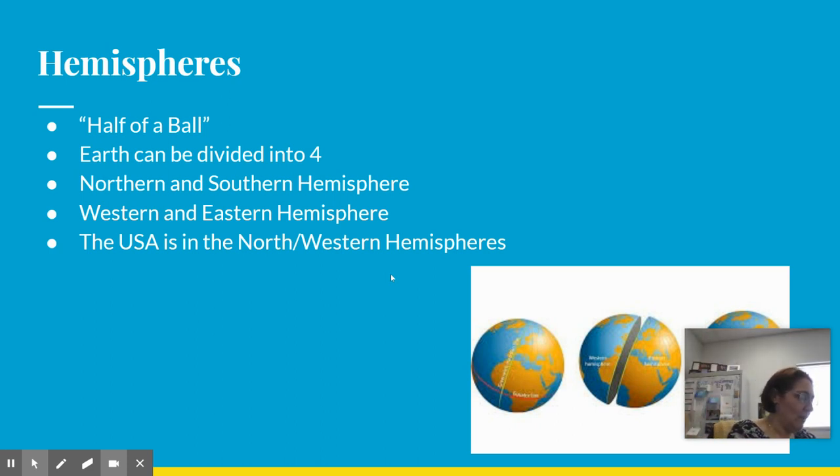A hemisphere is half a ball. It's half of a ball, so if you were to cut a ball in half, it would be a hemisphere. Earth can be divided into 4 of them, so it can be divided into 4 hemispheres.